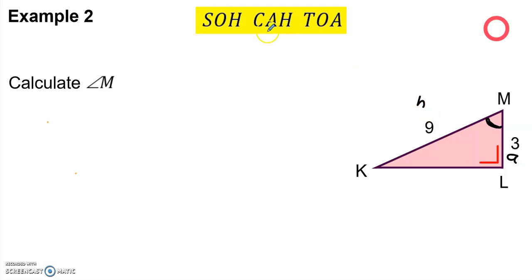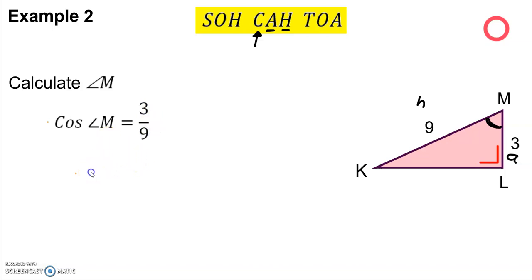And then you can see I do need cosine. So the first step is writing down and filling in the whole cosine formula. Cosine of angle M. Don't leave this away. Cosine of angle M is the adjacent shorter side divided by the hypotenuse. So it will be 3 divided by 9.